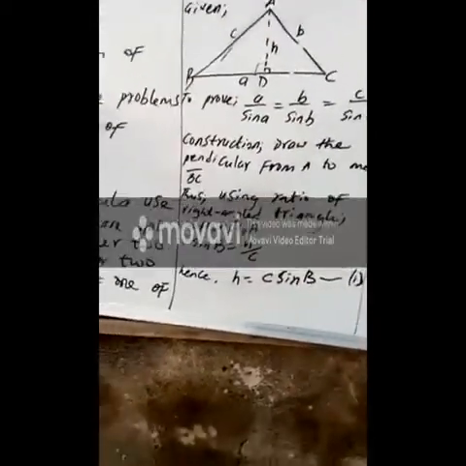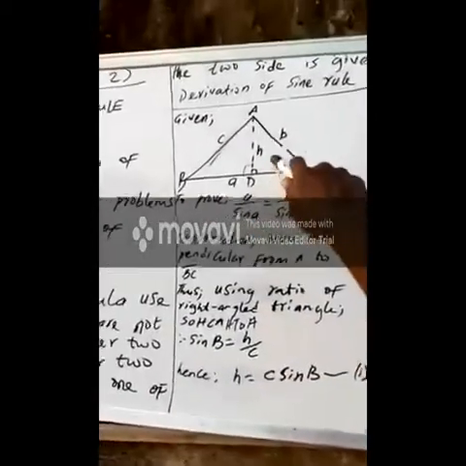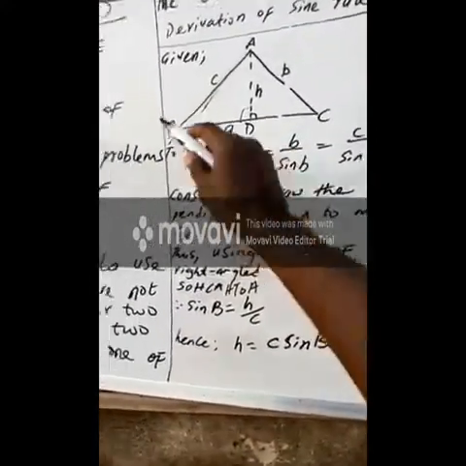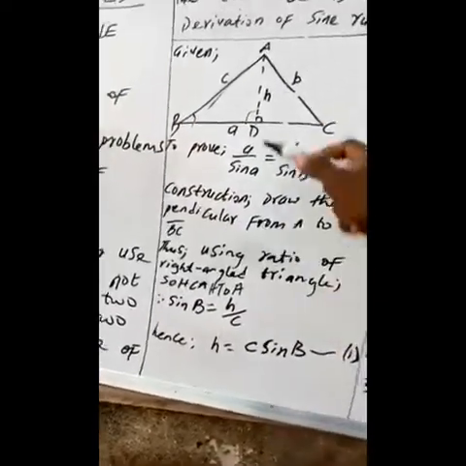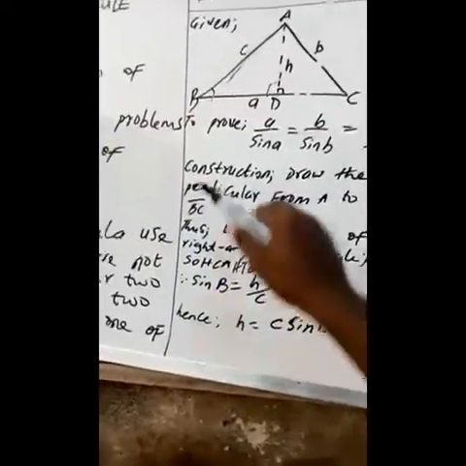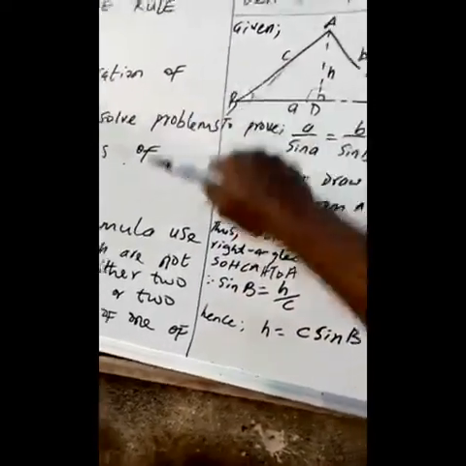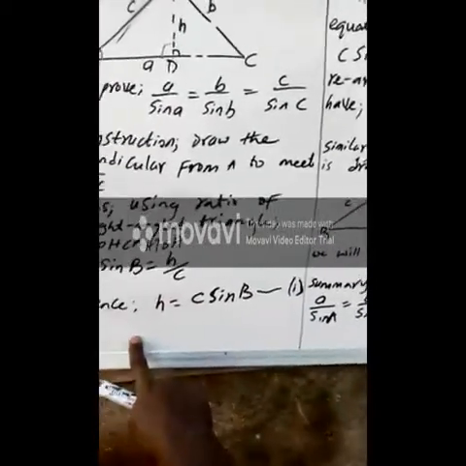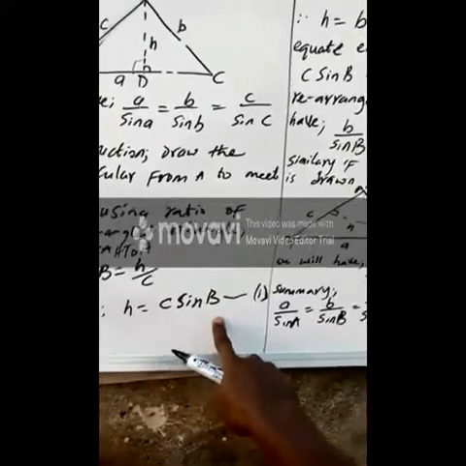From the diagram above, we can say that sine B is equal to H over c, which is opposite over hypotenuse. If we make H the subject of the formula, we have H is equal to c sine B. Call it equation 1.